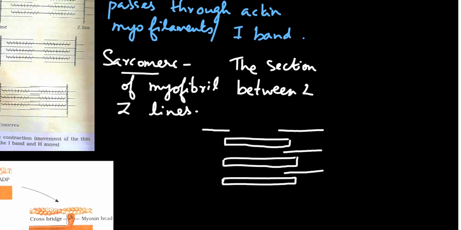So they are alternately arranged. Now the actin filaments are attached to the Z line. So this is the Z line. This is the next actin filament that will be overlapping another myosin on that side. This is also actin.